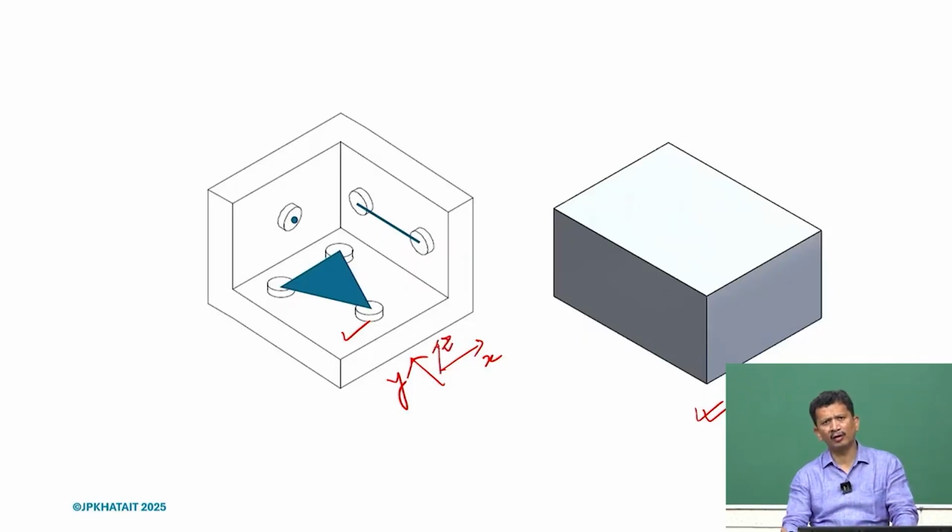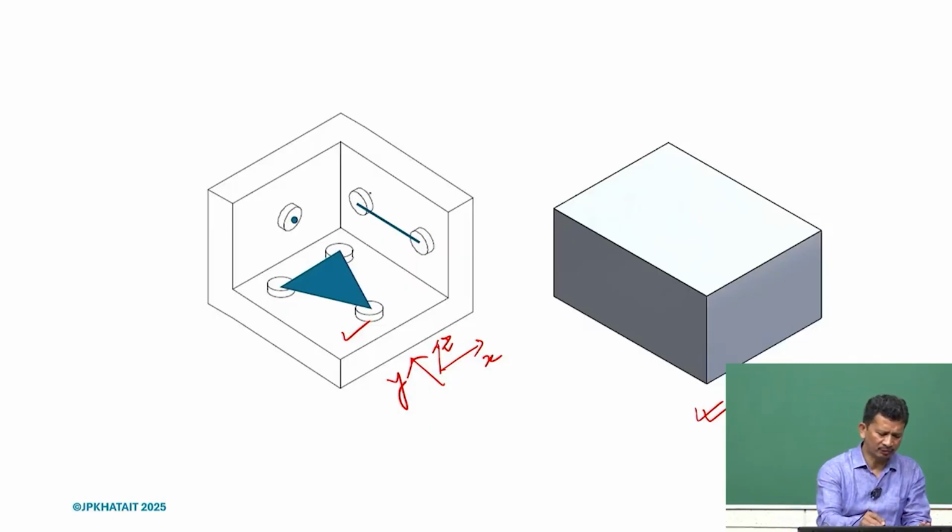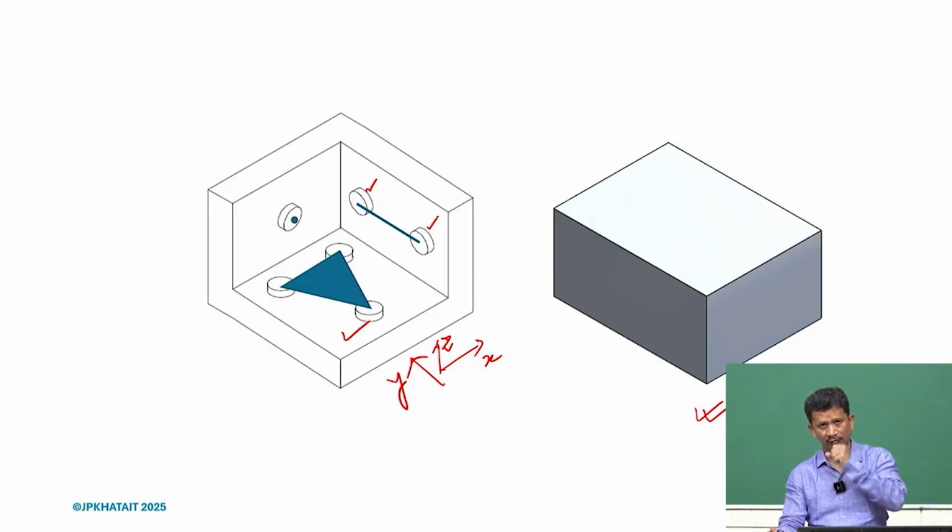So if we move along x, what we see is it will first make contact with one point, any one of them, and then it can start rotating along the z-axis and then make contact with the other point.